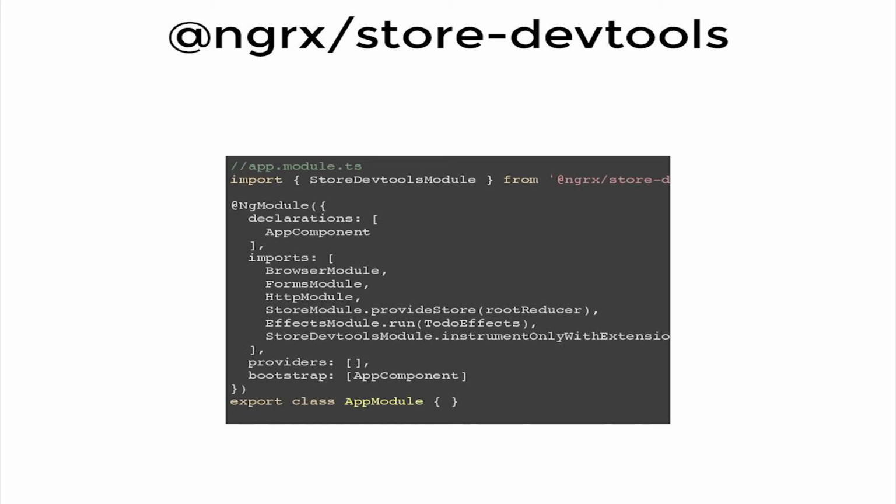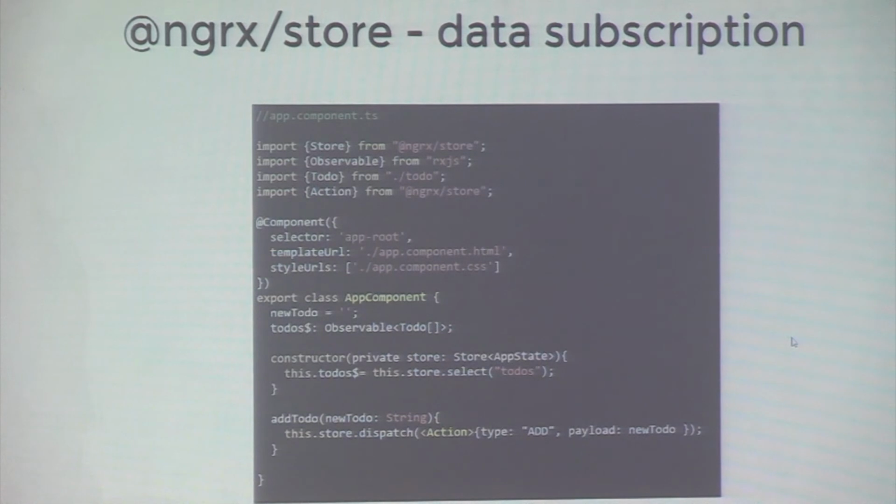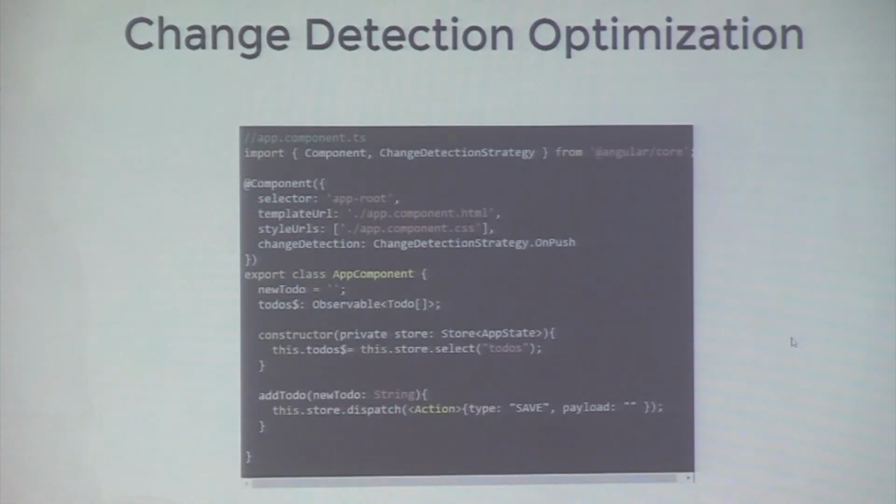Just before that, I forgot to mention something quite important with regards to optimization. For NgRx store, when you want to re-render the view only if there are data changes, you import the change detection strategy from Angular core, and on the component annotation you say change detection strategy OnPush.